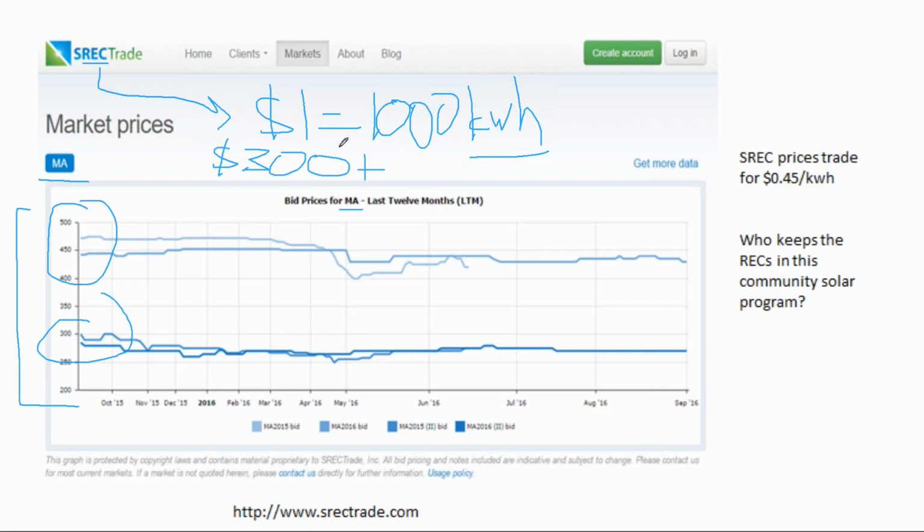That means you divide by 1,000, and the green credit in Texas is only worth a tenth of a penny a kilowatt hour, but in Massachusetts, because of their state policy, the green credit could be worth 30 cents a kilowatt hour, which is about the price of electricity per kilowatt hour in Massachusetts.